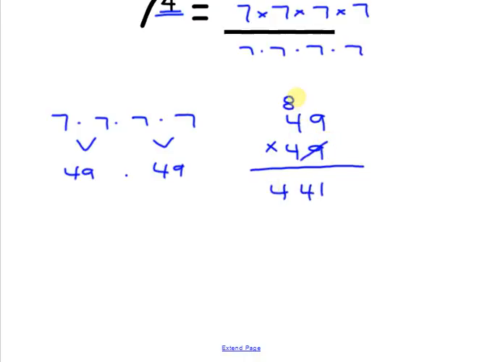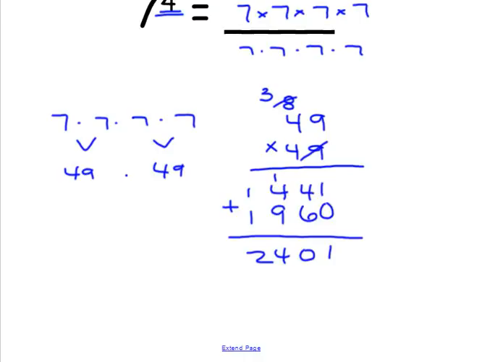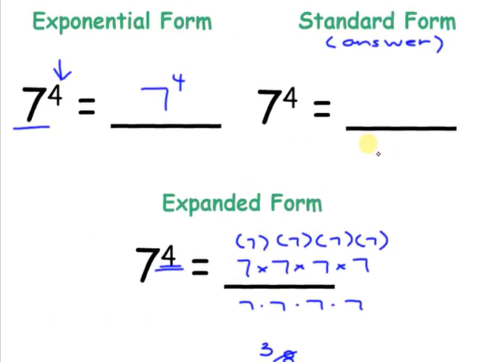Done with the 9. Now 4 times, put my 0 as a placeholder. 4 times 9 is 36. 4 times 4 is 16. Plus 3 is 19. Add these all up. 1, 10, 14, 2. 2,401.